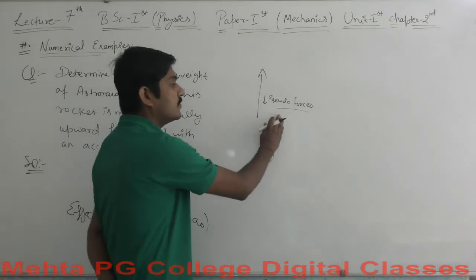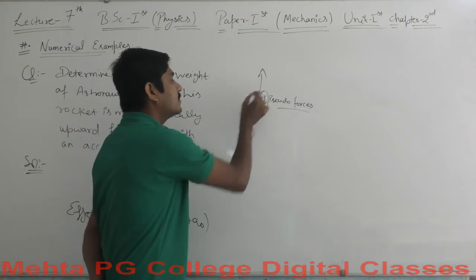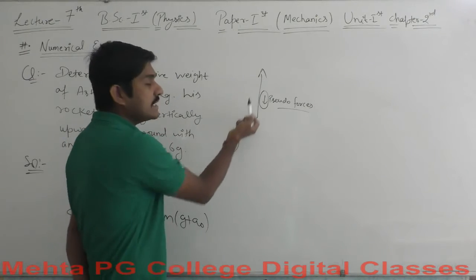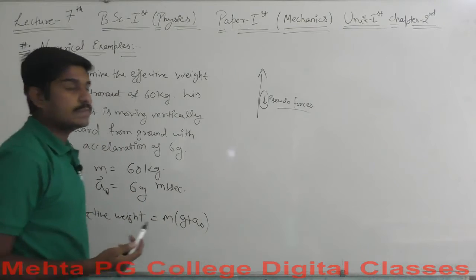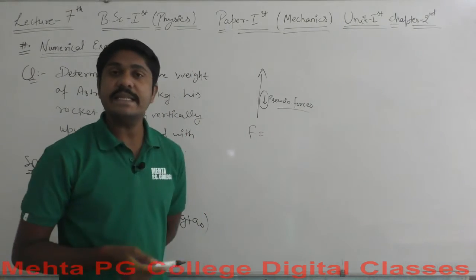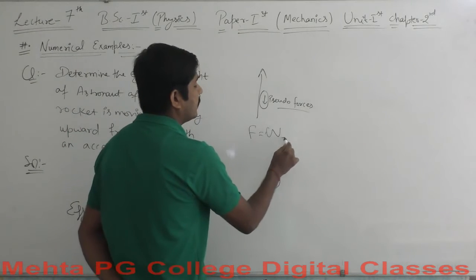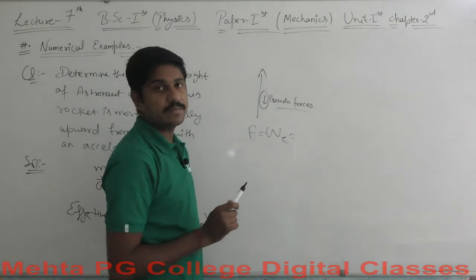So in the pseudo forces concept, the person is being pulled downward, so certainly some sort of acceleration is working on him, so we termed it as a force. And in the sense of this force, the weight will be effective here. This force will be equal to the effective weight.